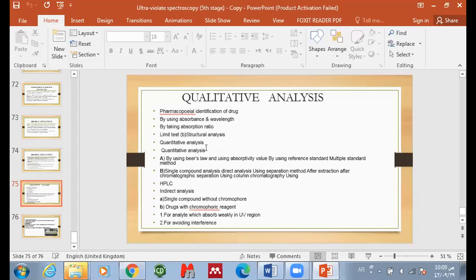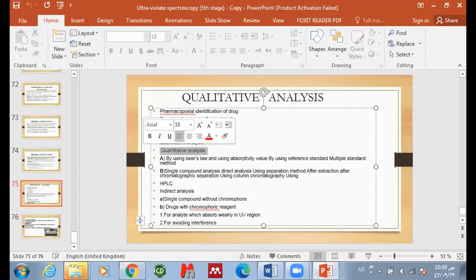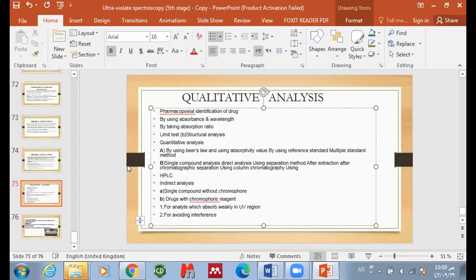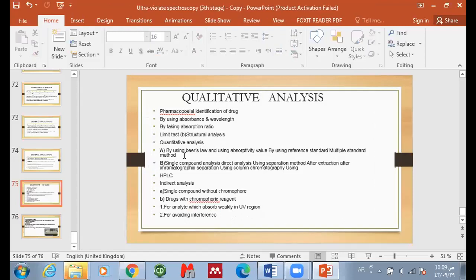Here is repetition, as I mentioned before, using Beer-Lambert's law and using absorptivity value by using reference standard.